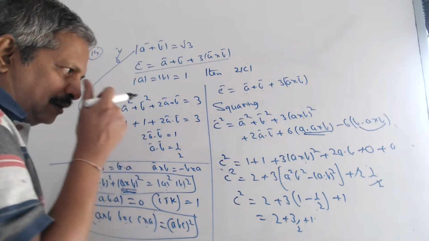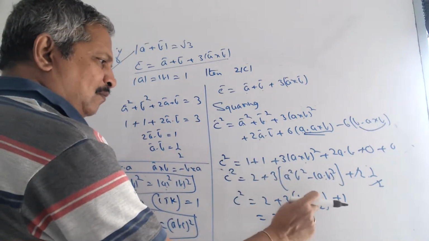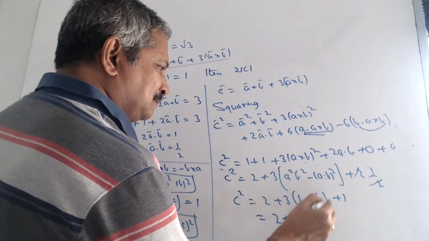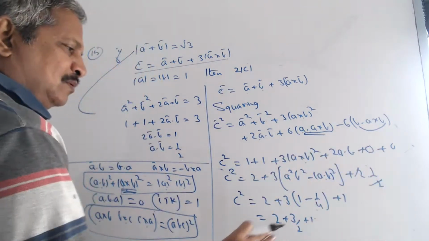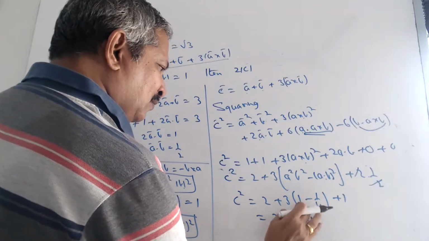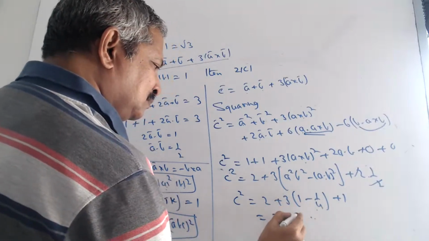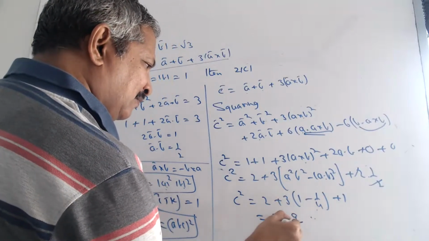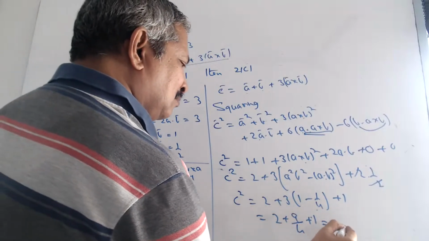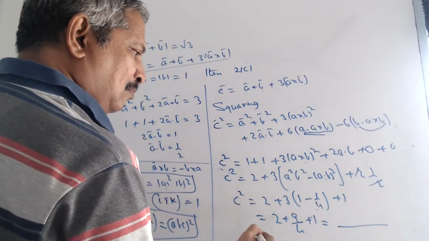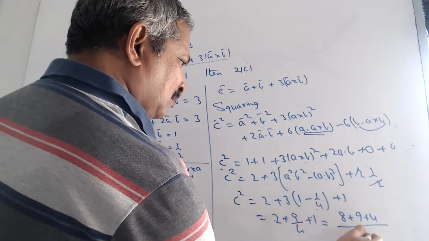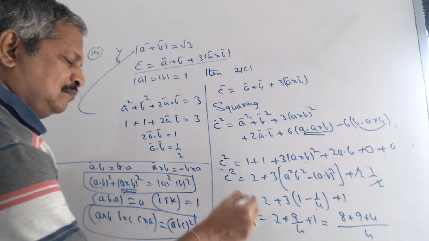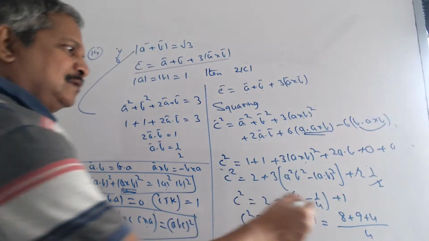How much are you getting? 1 minus 1 by 4, that is 3 by 4. So 2 plus 9 by 4, that is 17 by 4. We can find out C square like this.